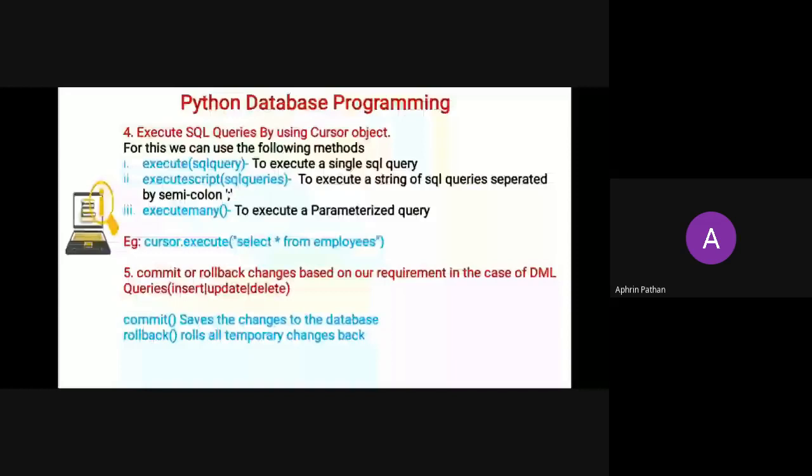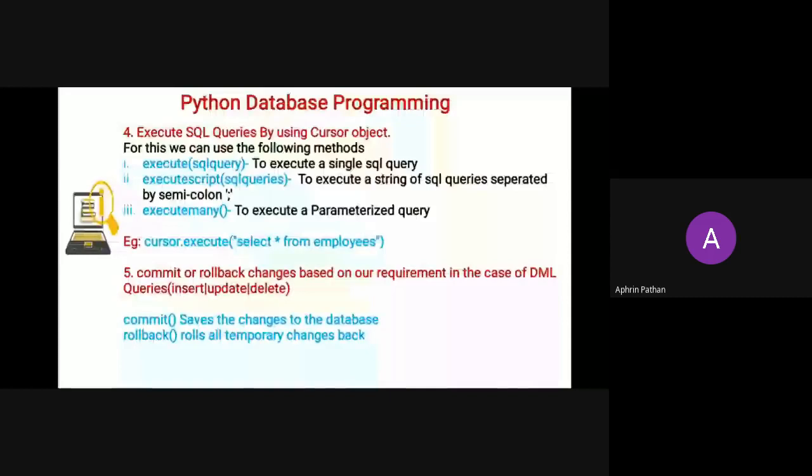When you are using any parameterized query by using a prepared statement, for that you can use this function, executemany. So there are three methods by using which you can execute queries in Python. Now you can see as an example, cursor.execute select star from employees. So this query will be executed with the help of the cursor object.